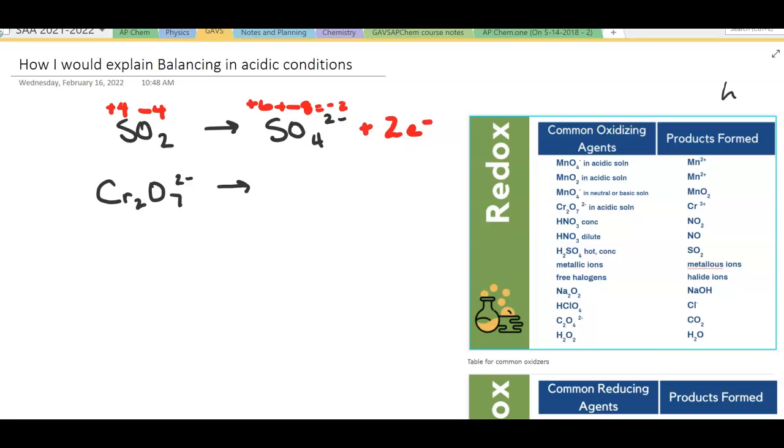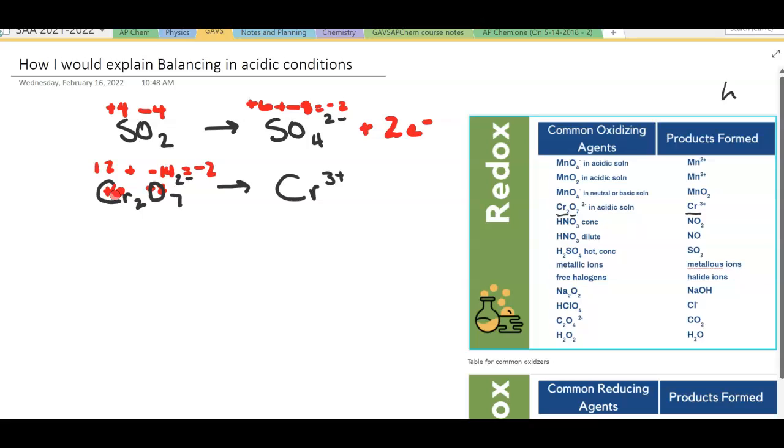Now, when I look back at the chart, what happens to dichromate, I can see that it is going to be reduced to chromium 3. So I will put down that that becomes +3 form, and I know that oxygen's a -2, so that'd be -14 equals -2, so that must be 12, where each chromium here is a +6.